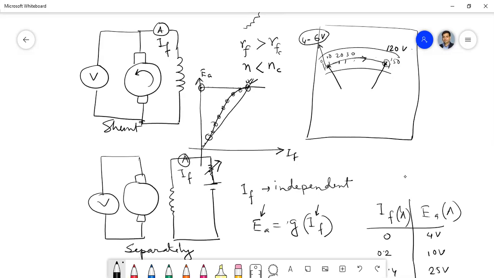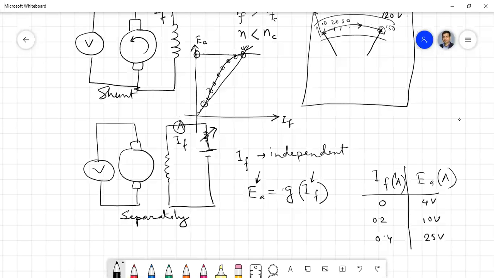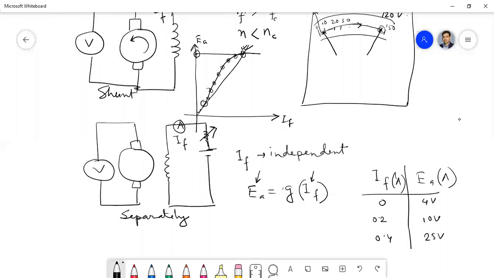Their OCCs are exactly the same. The OCC which we get for separately excited and the OCC which we get for shunt. Characteristics are the same, exactly the same. If it is possible to track the characteristics for shunt, we'll get exactly the same characteristics as we get for the separately excited one.